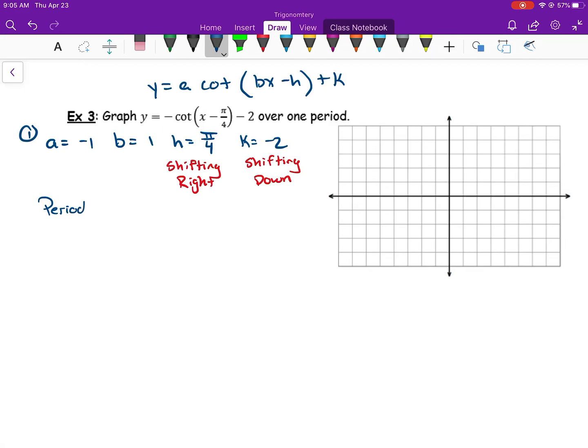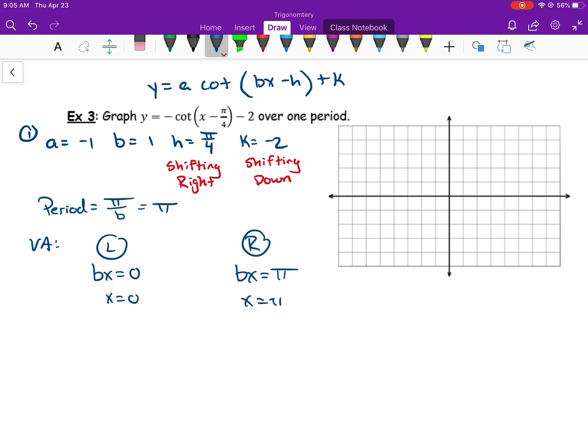Our period, pi over b, equals pi, because b is 1, very nice. Vertical asymptotes, left, bx equals 0, right, bx equals pi.